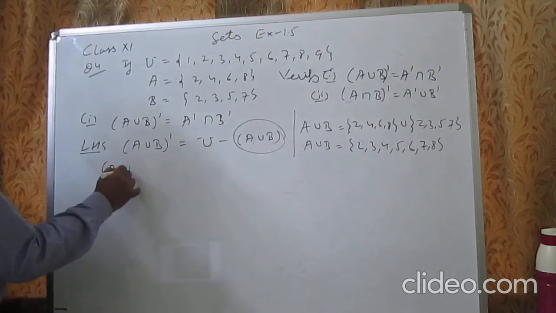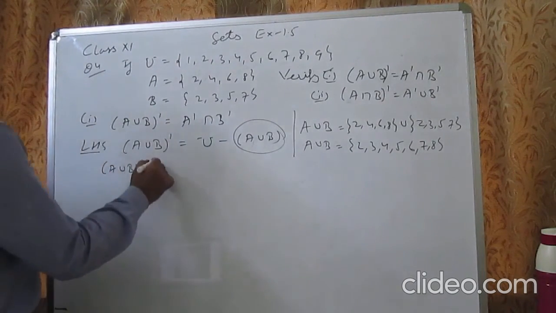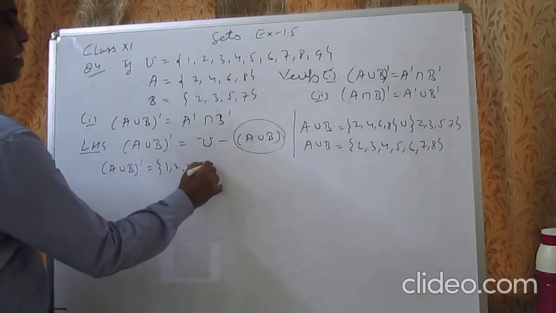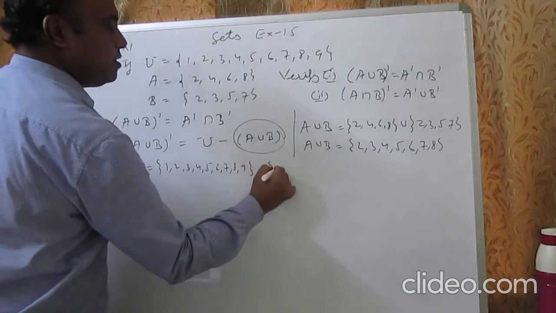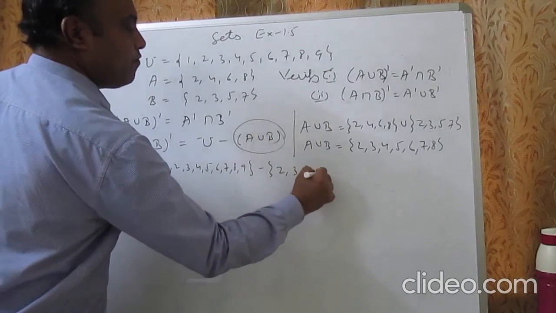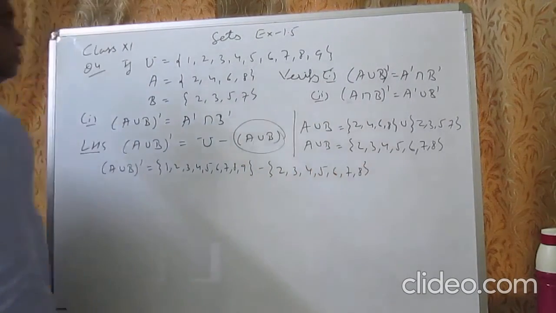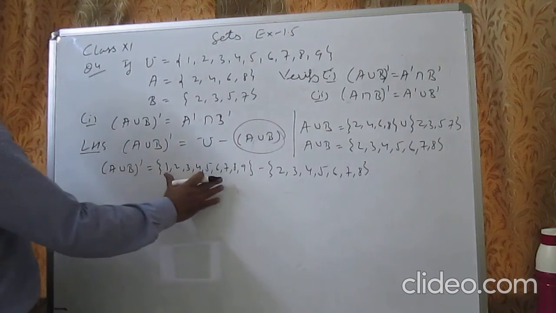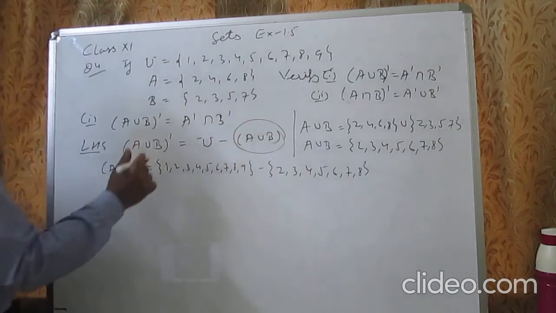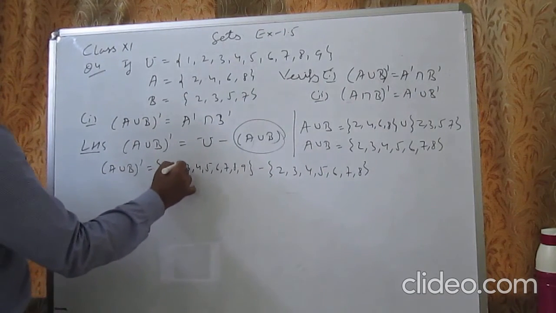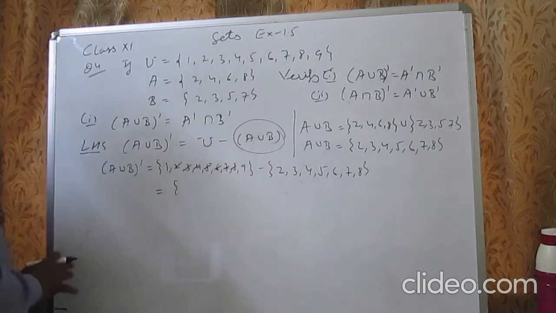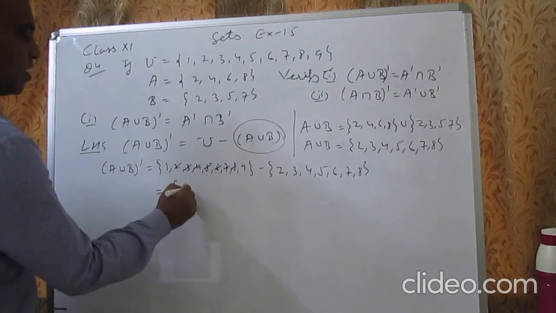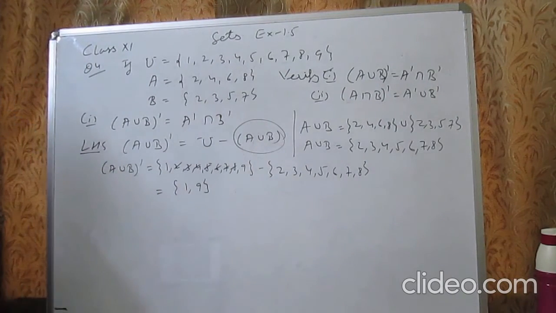So (A union B) complement is the universal set 1, 2, 3, 4, 5, 6, 7, 8, 9 minus A union B, which is 2, 3, 4, 5, 6, 7, 8. The complement has only the first set's elements which are not in the second set. So 2, 3, 4, 5, 6, 7, 8 are removed. The remaining elements are 1, 9. This is (A union B) complement.